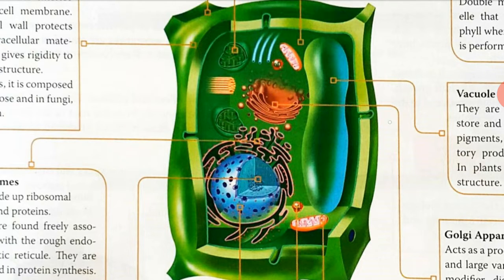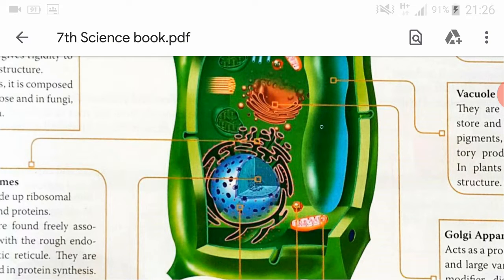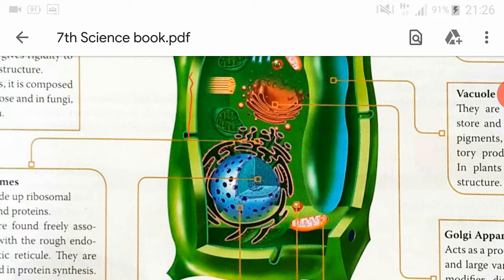I'm going to use this tool to show you something important that we must identify. Look, the cell wall is this one, and the difference between the plant cell and the animal cell is that it is rigid, really hard. It's a big difference with the animal cell. All this part, the cell wall in the plant cell, is rigid.